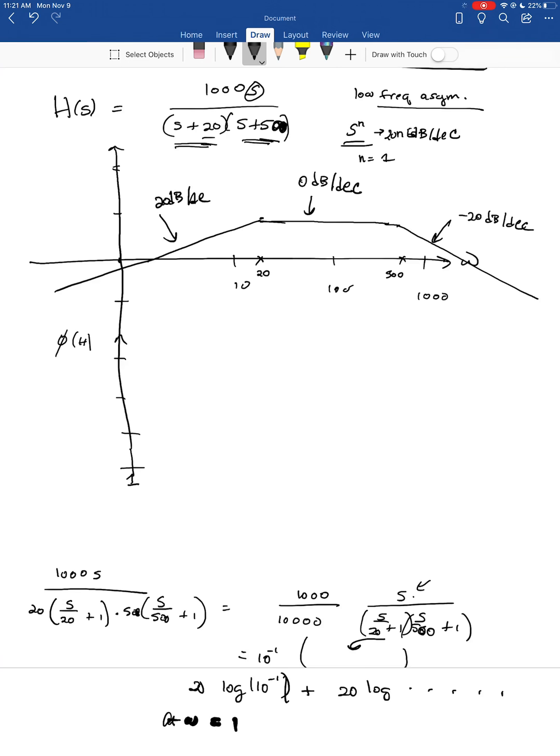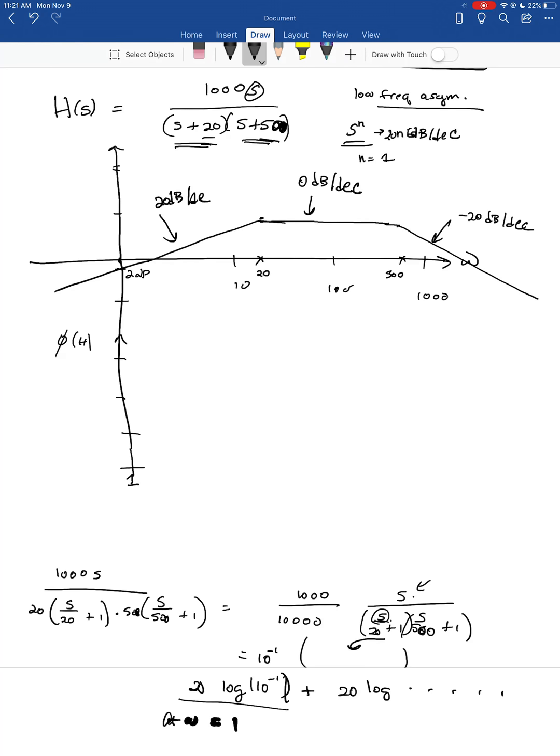Now all this other stuff at omega equals 1: the numerator is going to make 0 contribution, and these denominator terms are going to be very close to 1 because omega is small compared to 20 and 500. So you're making the assumption that the only term that contributes at omega equals 1 to the low frequency asymptote is the gain.